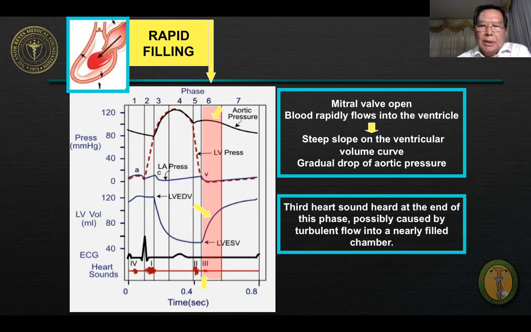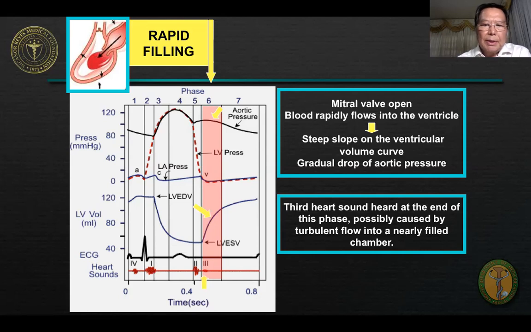Now, the third heart sound here on the phonocardiogram might be heard at the end of this phase, possibly caused by turbulent flow in an early filled chamber. Take note, however, that S3 gallop is not always normal, right?